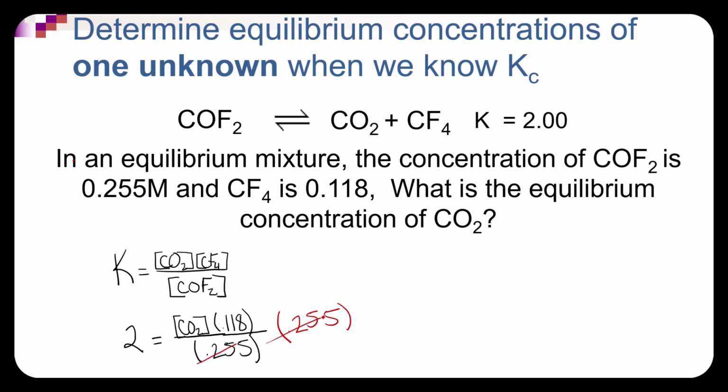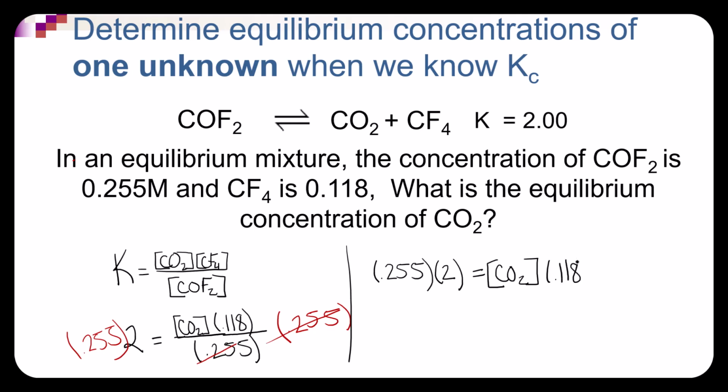So that cancels. Whatever I do to the right side, I also have to do to the left side. So multiply by 0.255. Cleaning this up, we've got 0.255 times 2 equals carbon dioxide times 0.118.